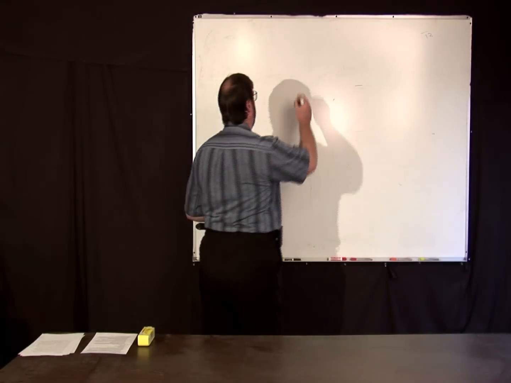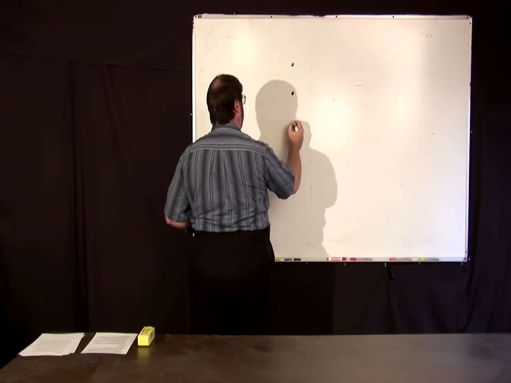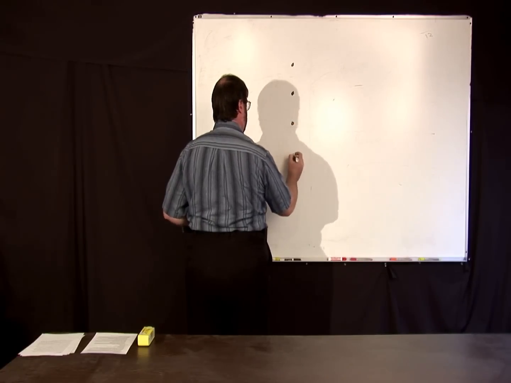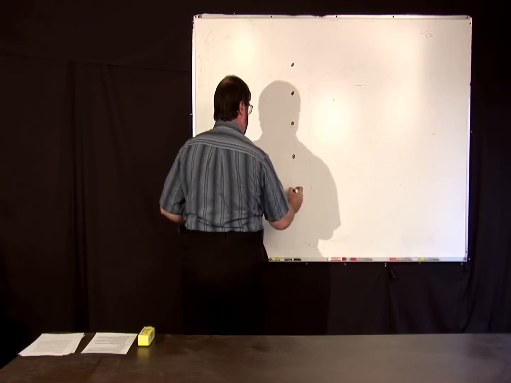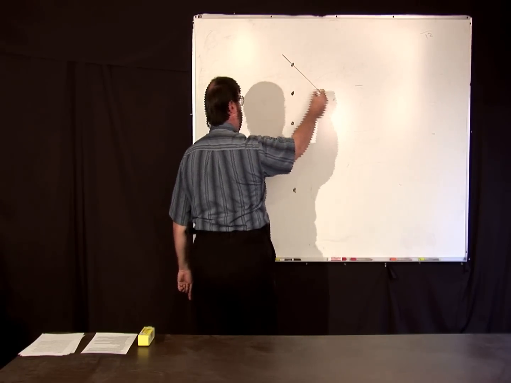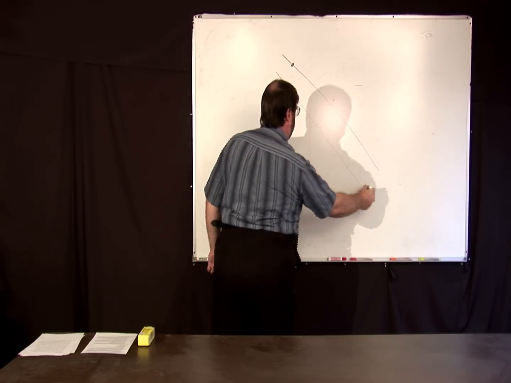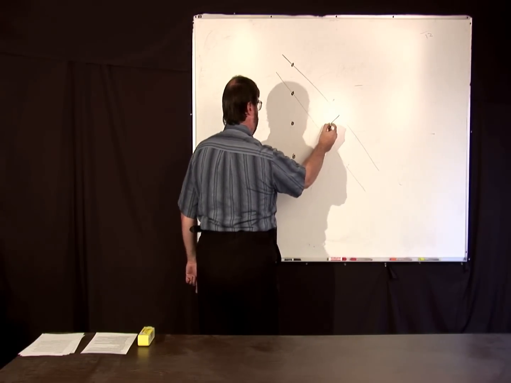Let's say you have an array of isotropic receivers, or radiators. It doesn't matter. You can do the argument either way. Now let's say you have some plane wave front coming in, a plane wave moving in this direction.